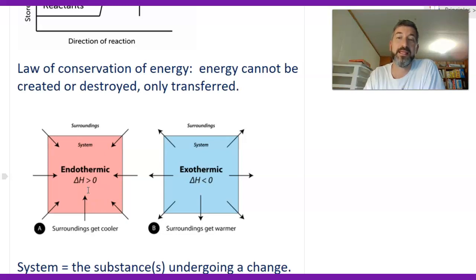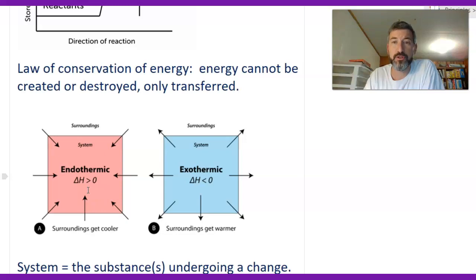So it's absorbing heat, and then to the touch, it's going to feel cold because when you touch it, you're part of the surroundings. An exothermic reaction, like burning gasoline or burning a log on the fireplace, is giving off heat to the surroundings. So it's going to feel hot. It's going to warm up the air around the fireplace.